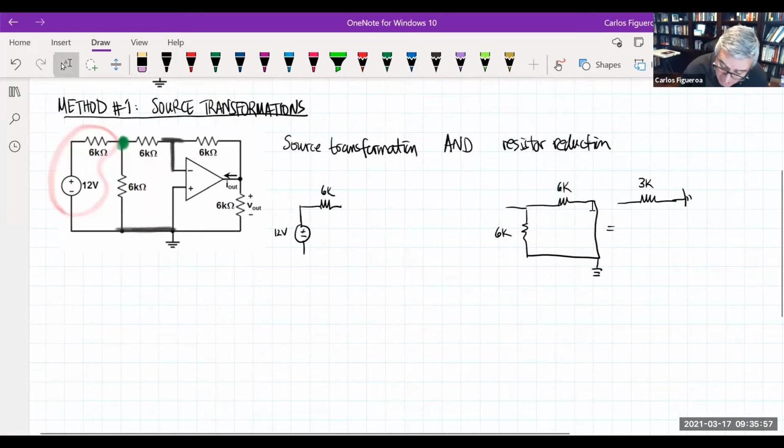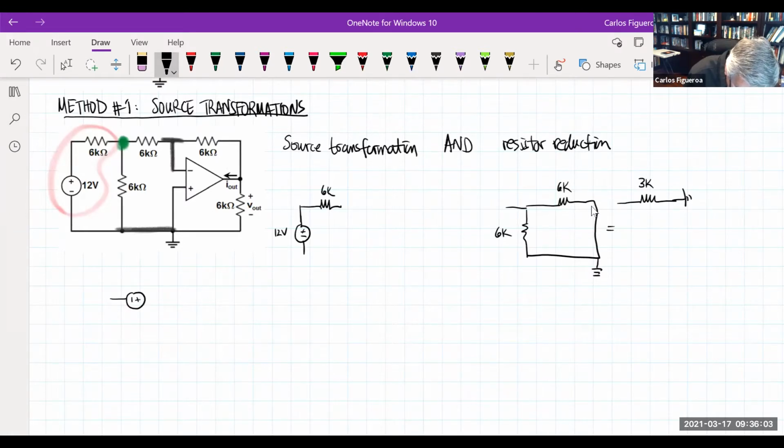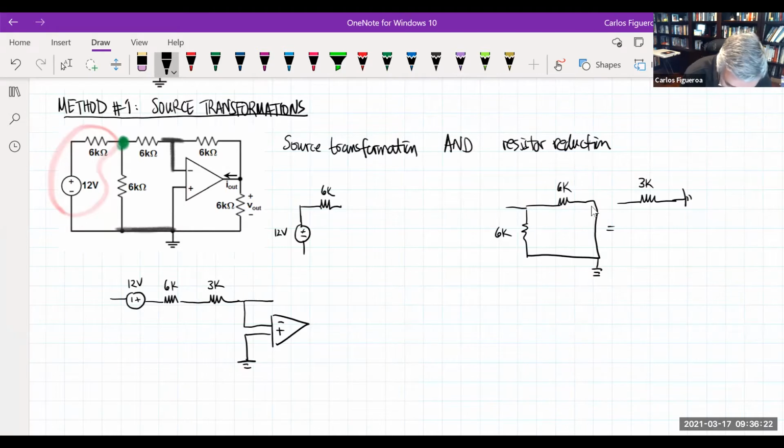And so then the circuit looks like this here. I'm going to have a 12 volt source, a 6K, and then a 3K, and that 3K is connected to the ground, which then tells me that I have a 6K here.